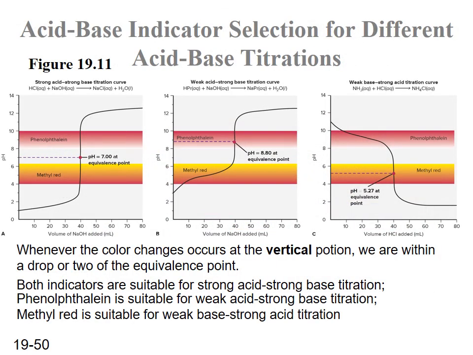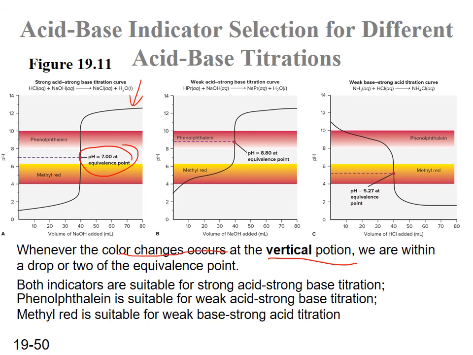How do you choose an indicator for a particular acid-base titration? An indicator should be chosen so its color change occurs at the vertical portion of the titration curve. For example, the first titration curve involves a strong acid and a strong base. How can you tell? Well, first, the pH value at the equivalence point is 7, and that is an indication it's a strong acid, strong base titration.